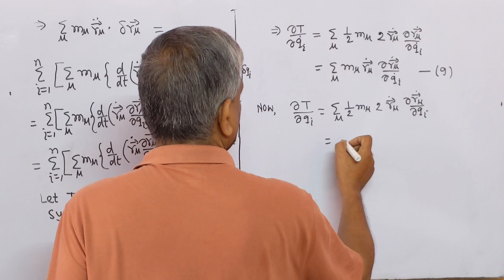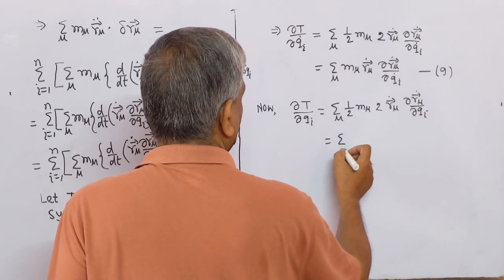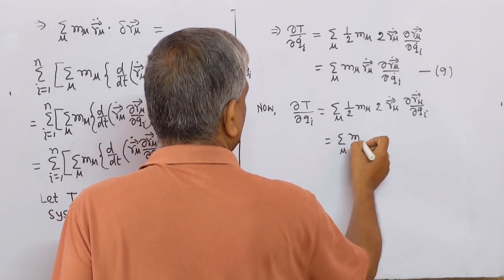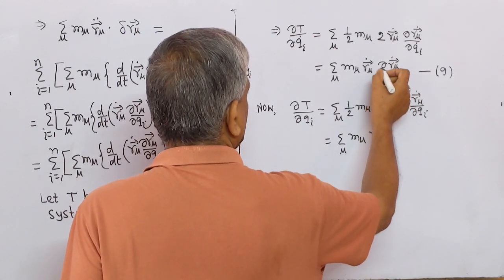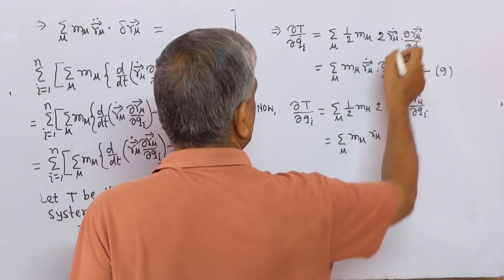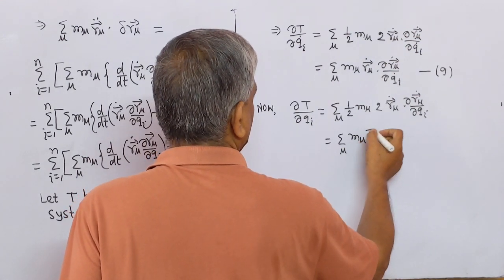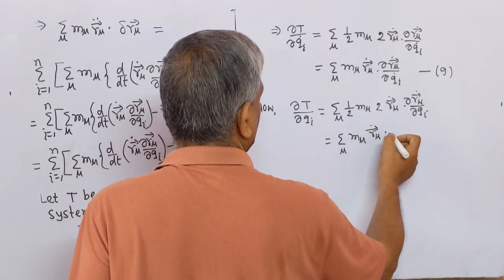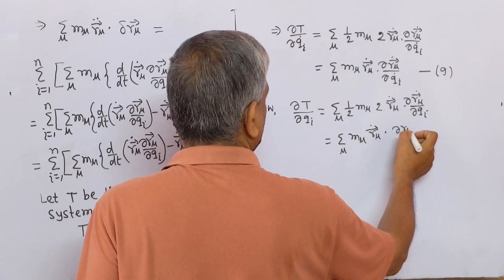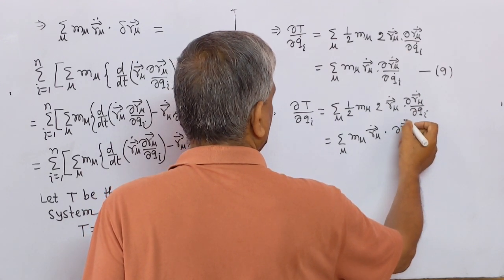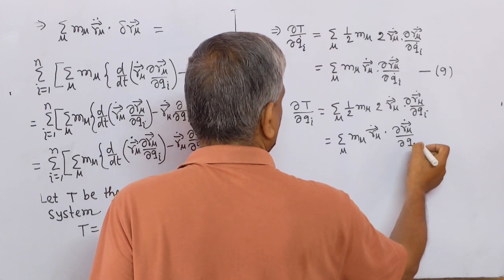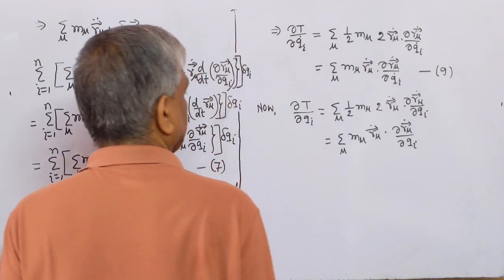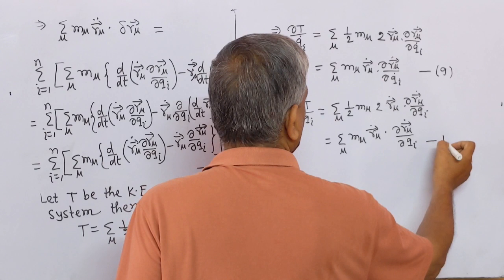This is sum over mu of m_mu, r_mu dot dot partial derivative of r_mu dot with respect to q_i. This is number 10.